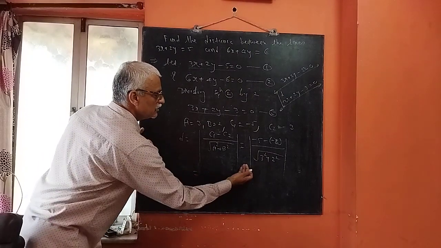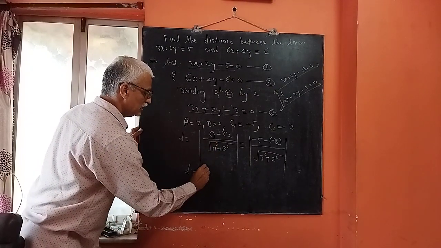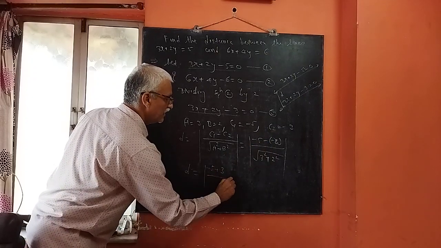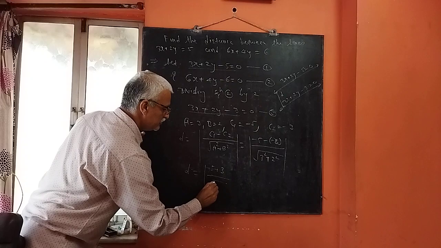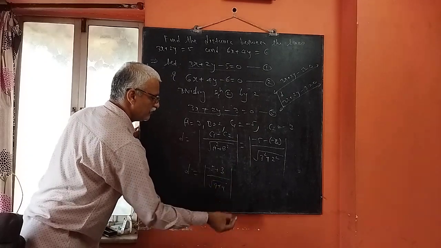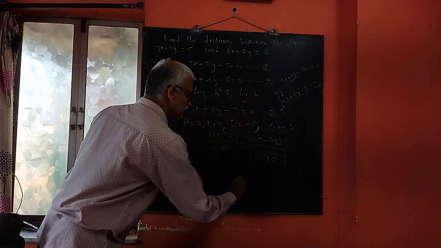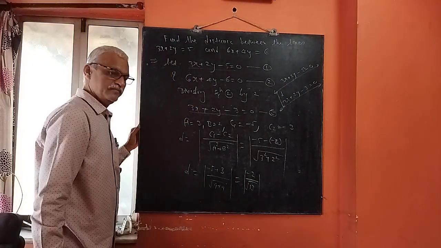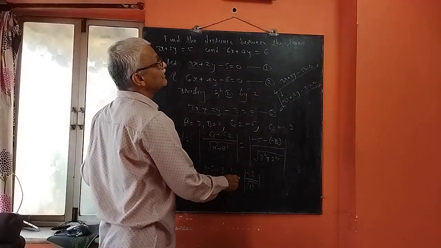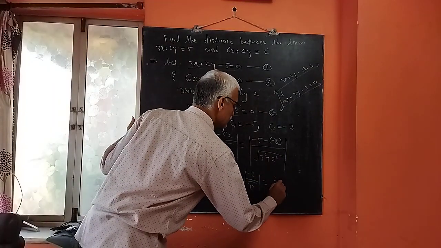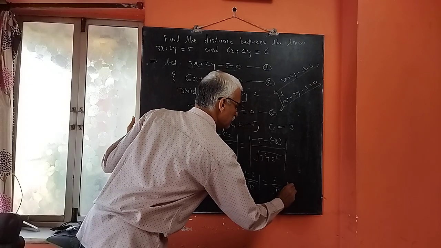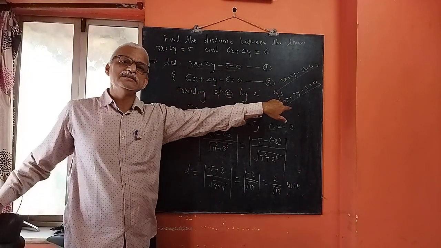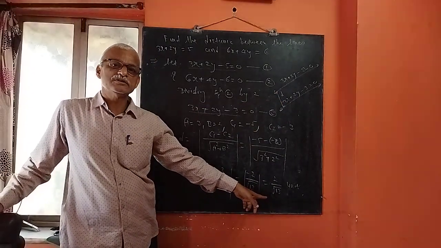So D equals mod of minus 5 minus of minus 3, that is plus 3, divided by root of 3 square is 9 plus 4. Minus 5 plus 3, that means mod of minus 2 upon root 13. Since this is mod and distance is never negative, we can write this as 2 upon root 13 units. So the distance between the two lines is D equals 2 upon root 13 units.